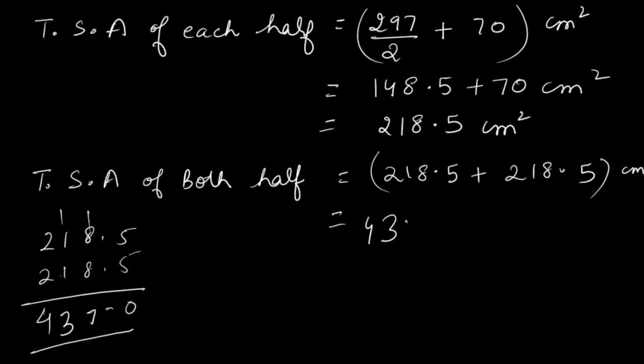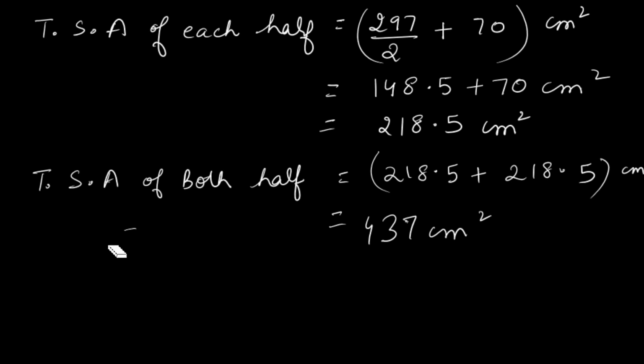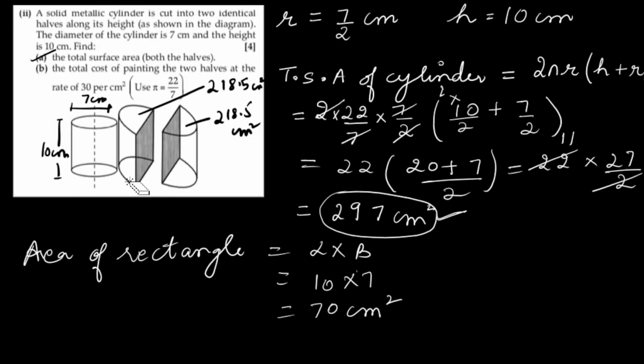So 437 centimeter square. Yes, 437 centimeter square is the total answer, the total surface area of both the halves. See, when you just found the total surface area of the cylinder, it was only 297. By cutting, because the surface increased, the surface area also increased. Okay, so 437 centimeter square is the final answer.